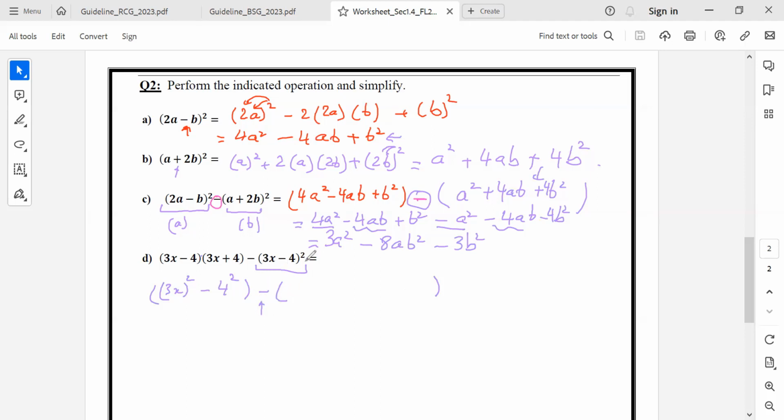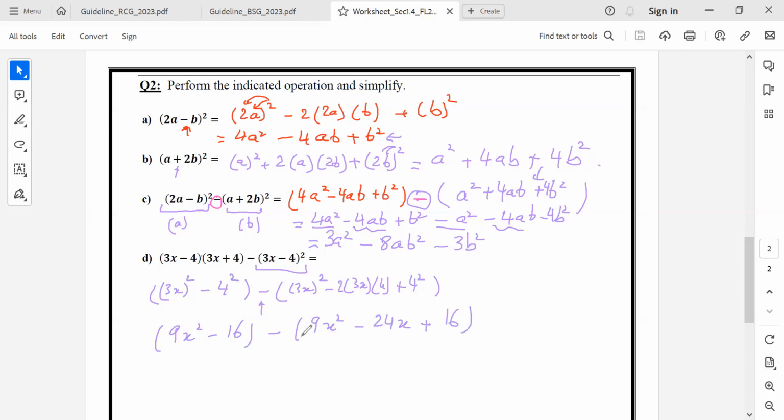Okay, إذا تشيل الأقواس نتيجتك راح تكون خطأ. فهذه تعطيك الأولى سكويرد ماينس 2 في الأولى في الثانية بلس في الثانية تربيع. We simplify: 9x squared minus 16, minus 9x squared minus 2 في 3 6 في 4 24 plus 16.